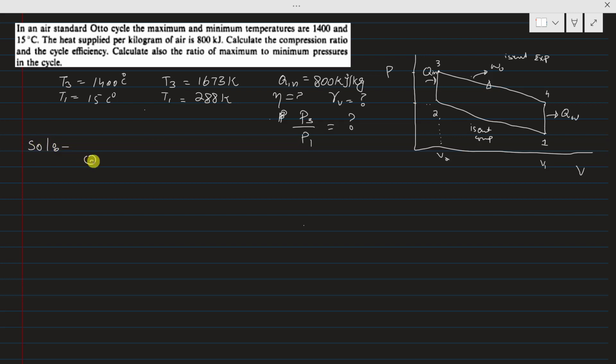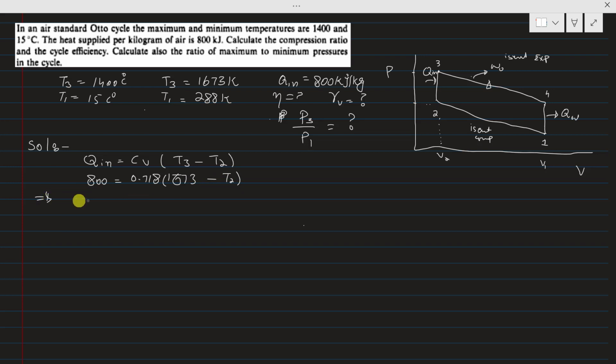The heat supplied in process 2 to 3 is equal to Cv into (T3 minus T2). Here the Qn supplied is 800 kilojoule, and the Cv value of air is 0.718, T3 is 1673, and T2 we need to calculate.